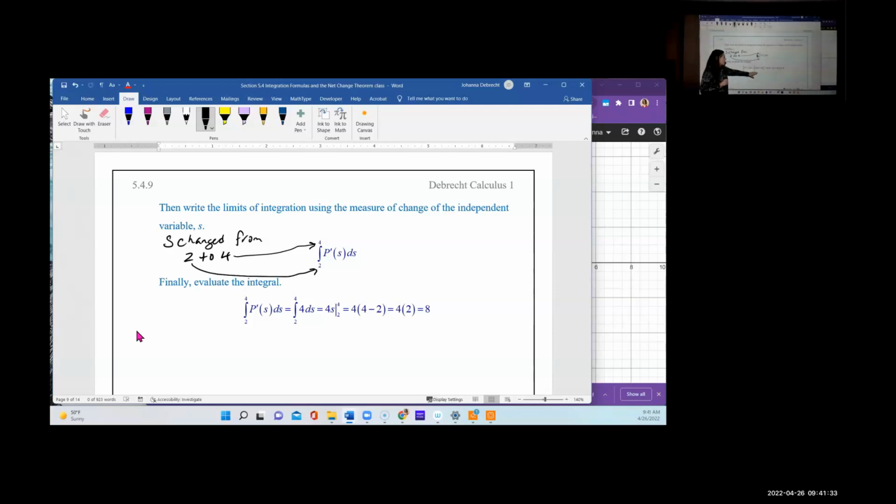So coming down here, we get the integral from 2 to 4 of 4 ds. It's not a difficult integral as integrals go. It's one of the more straightforward ones. It's just a constant, which means that we get the variable 4s, and we evaluate between 2 and 4, which gives us 4 times 4 minus 2, which gives us 8. Now, what does this mean exactly?